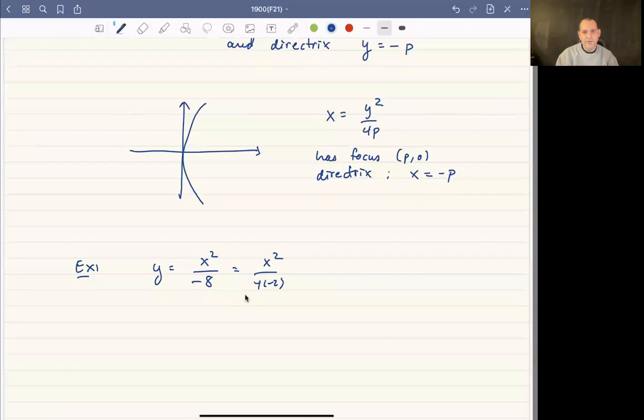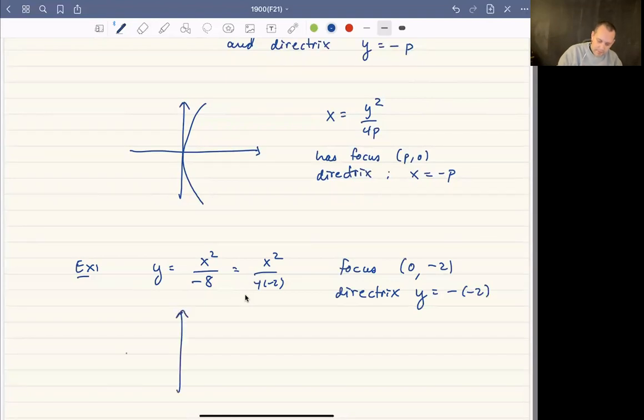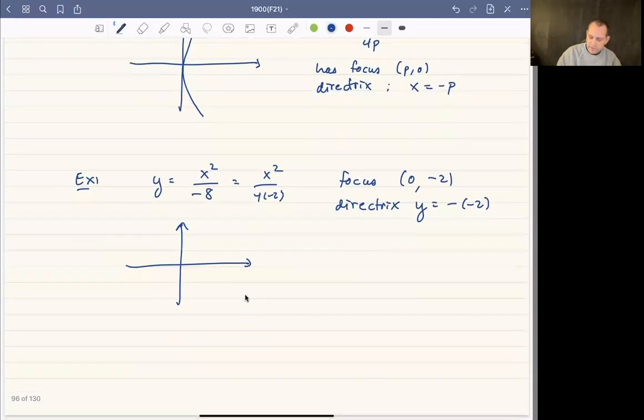So our p value is negative 2, and therefore our focus is (0, p) and the directrix is y equals minus p. So you end up with this graph, x squared over negative 8. It has focus (0, negative 2), and the directrix is the line y equals 2. And this will open down.